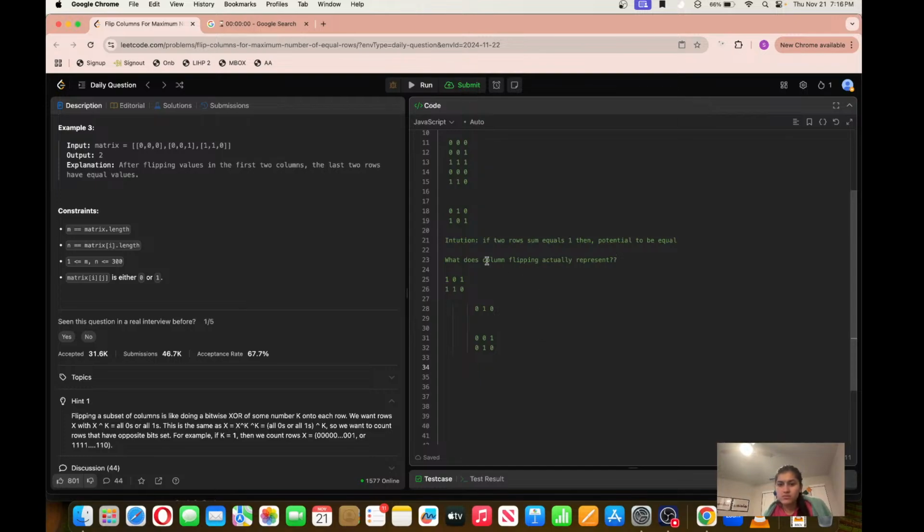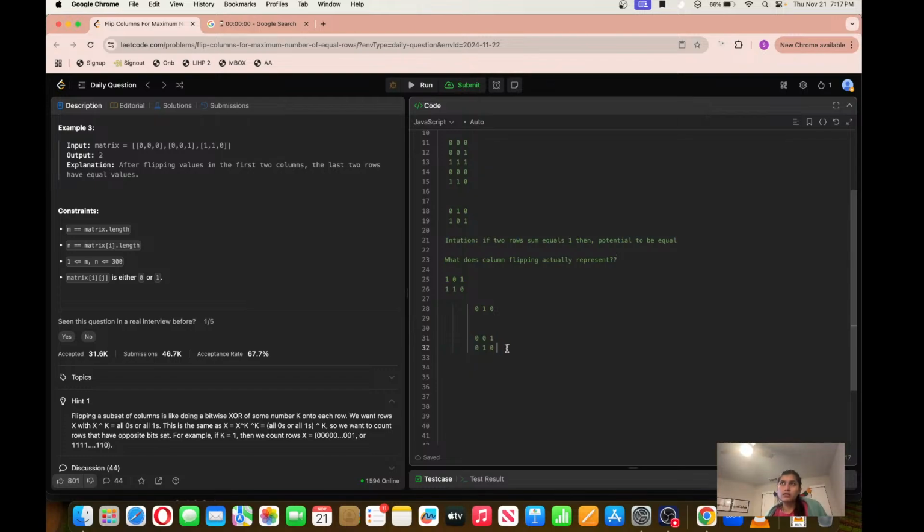Just from this intuition, I could have changed my thought pattern. How I should have approached this problem was, after I came up with this intuition, I should have looked at it and thought, okay, this is the capacity.